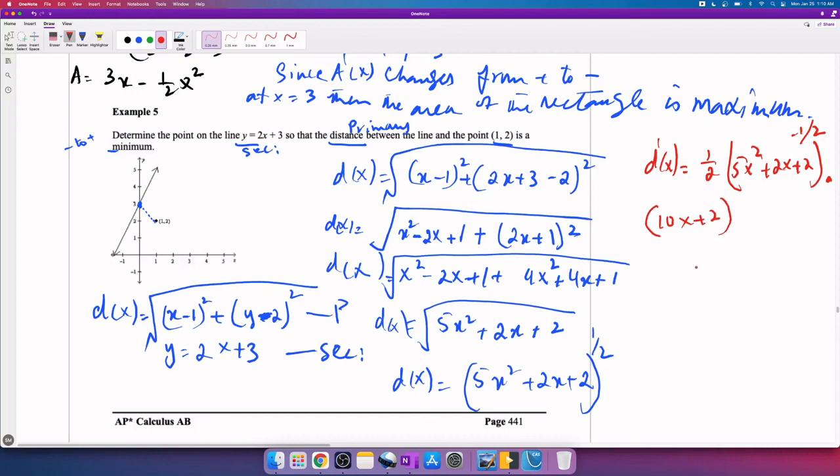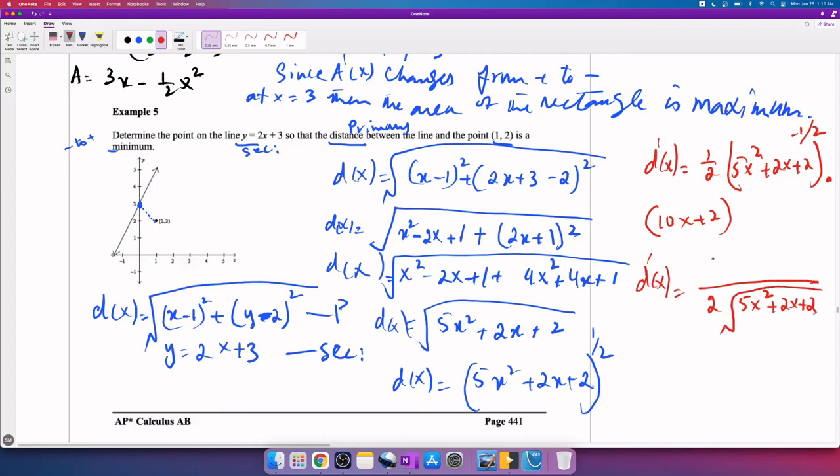Now we know negative half is not acceptable, so I'm going to move that to the bottom. So I get d prime x equals, 2 is already in the bottom, 2 times the square root of 5x squared plus 2x plus 2, and everything within the square root there.